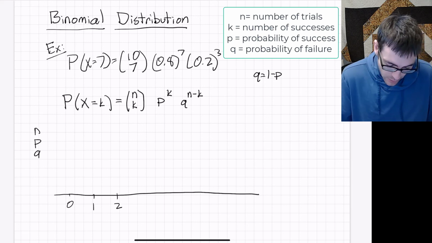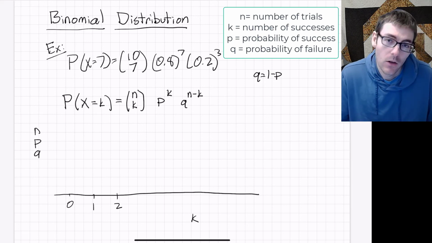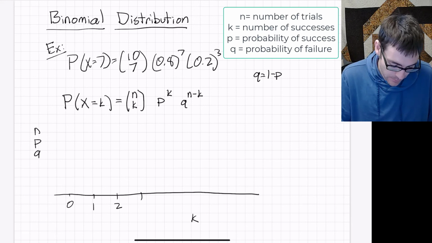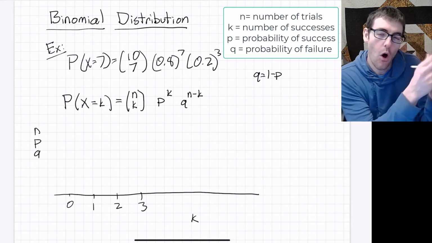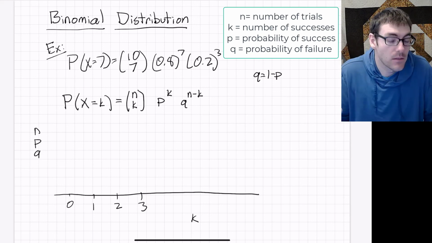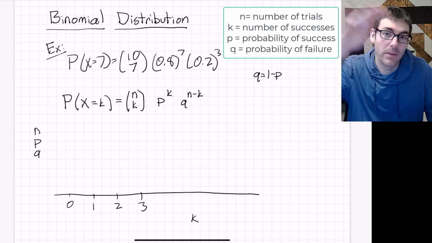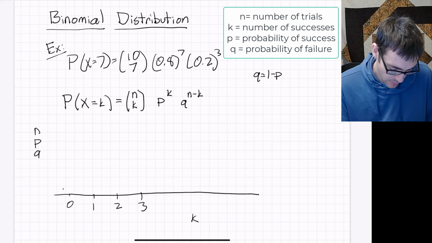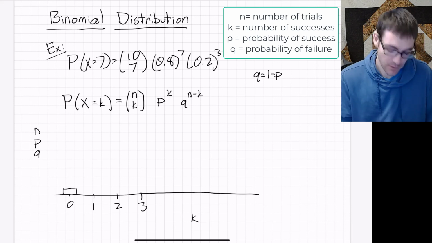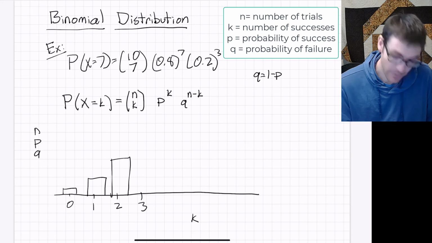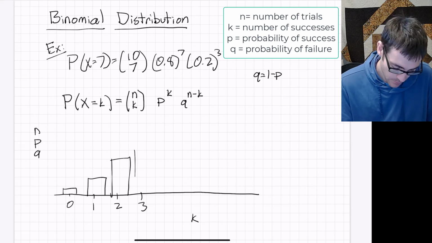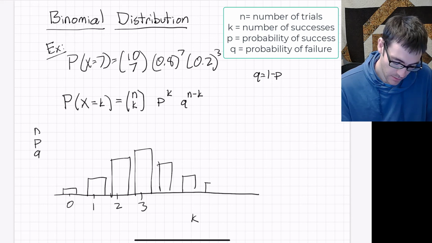So down here we are plotting k, or the number of successes we expect. And we can scan through all of the different k's and come up with what's called a probability distribution. So maybe there's a certain probability of 0, but maybe a greater probability of 1 and an even greater probability of 2, etc. So maybe we get some bar chart that looks something like this.